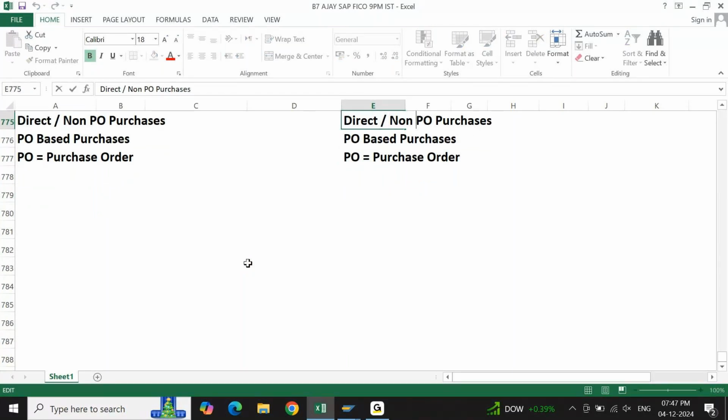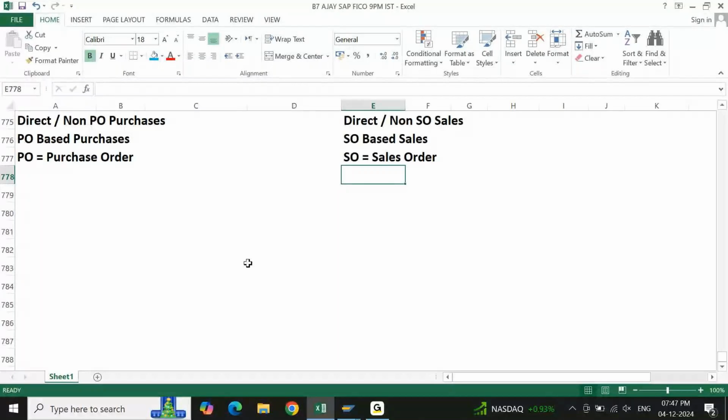P is representing purchase, S is representing sale. I will replace it with sales. So PO-based purchases will be replaced with SO-based sale. SO is representing sales order. Am I clear?